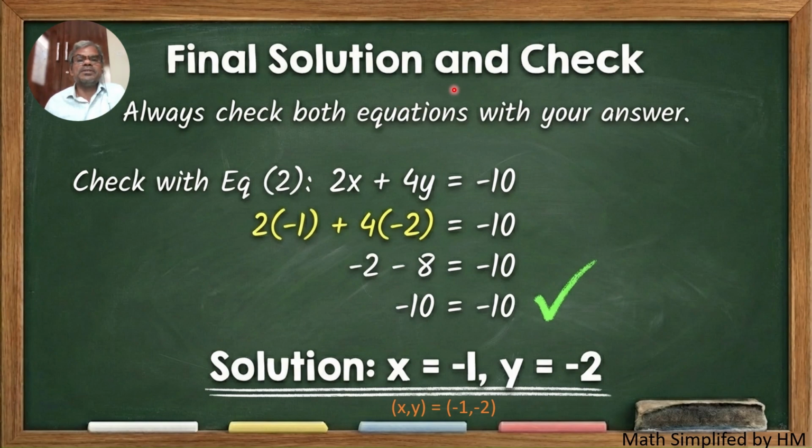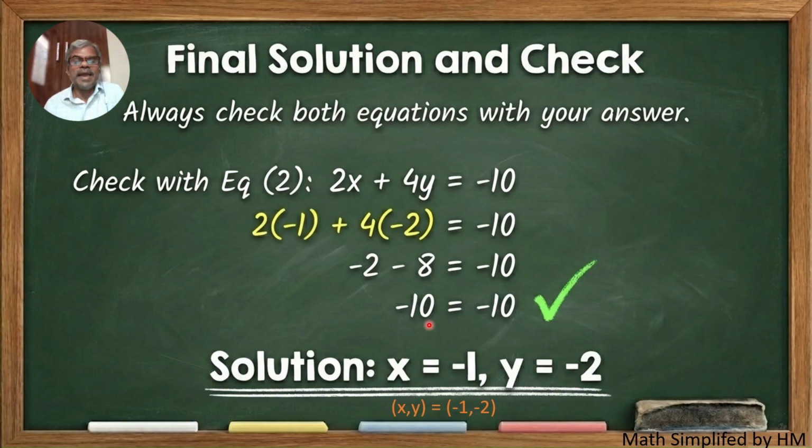Now, we will finally check for its correctness. Check equation 2, that is 2x plus 4y is equal to minus 10. We have x is equal to minus 1 and y is equal to minus 2. So, 2 into bracket minus 1 plus 4 into bracket minus 2 is equal to minus 10, which gives 2 into minus 1 is minus 2, plus 4 into minus 2 is minus 8, equal to minus 10.